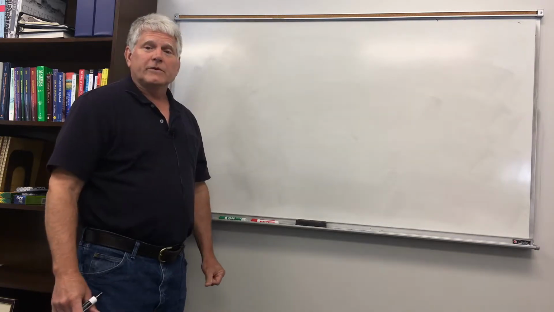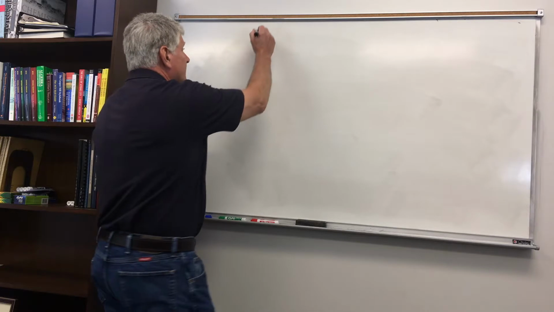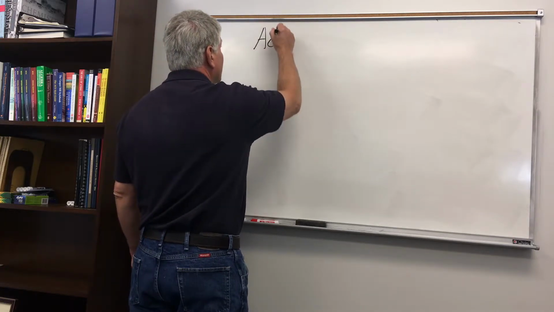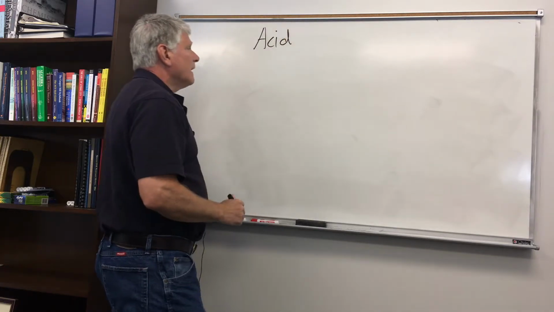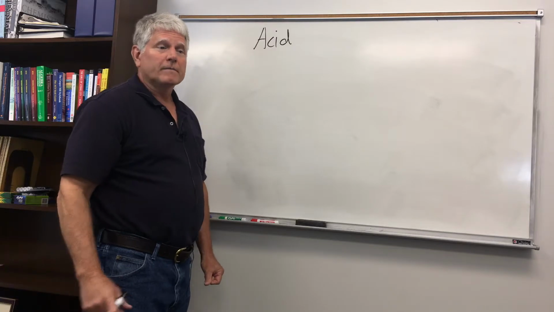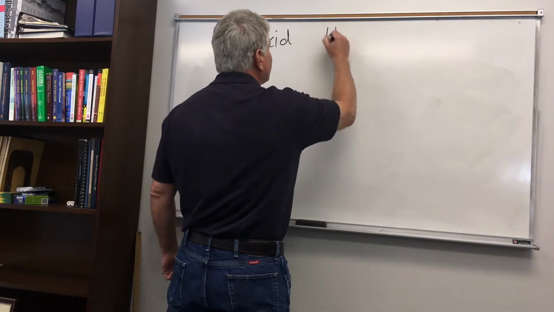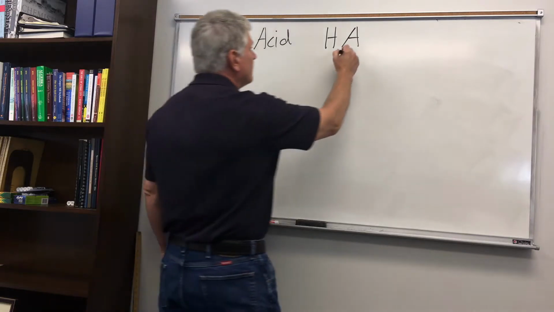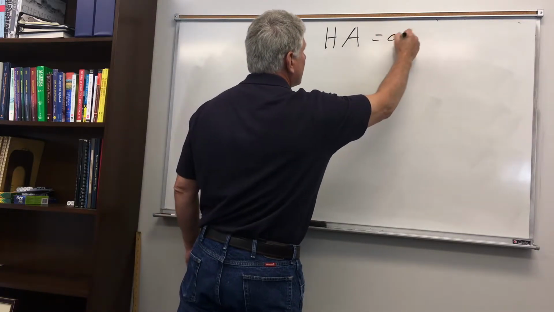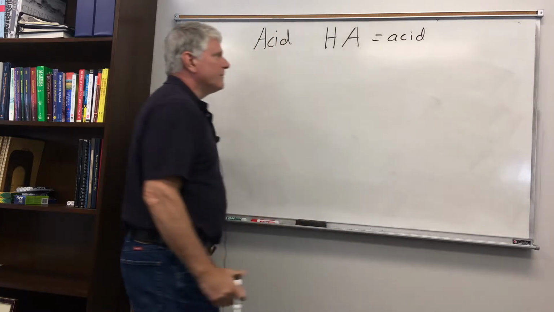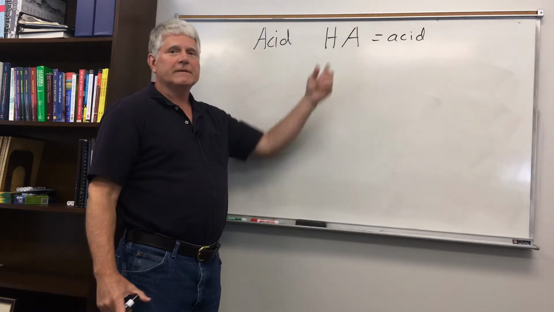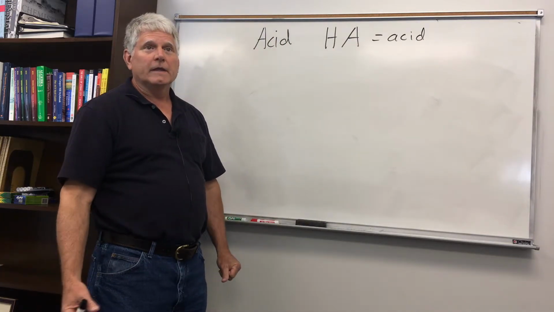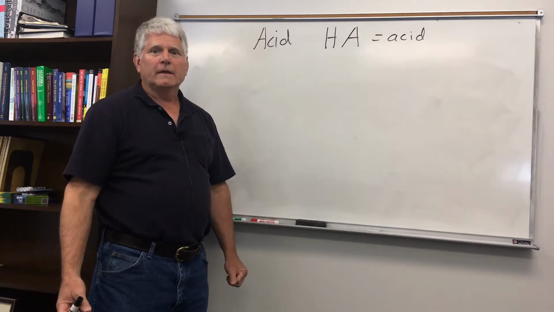So let's look at the general chemical reaction of an acid, and we'll do this in water. So I'm going to represent an acid as HA. This represents just an acid, and A can be some chemical formula. It could be an atom like chlorine.